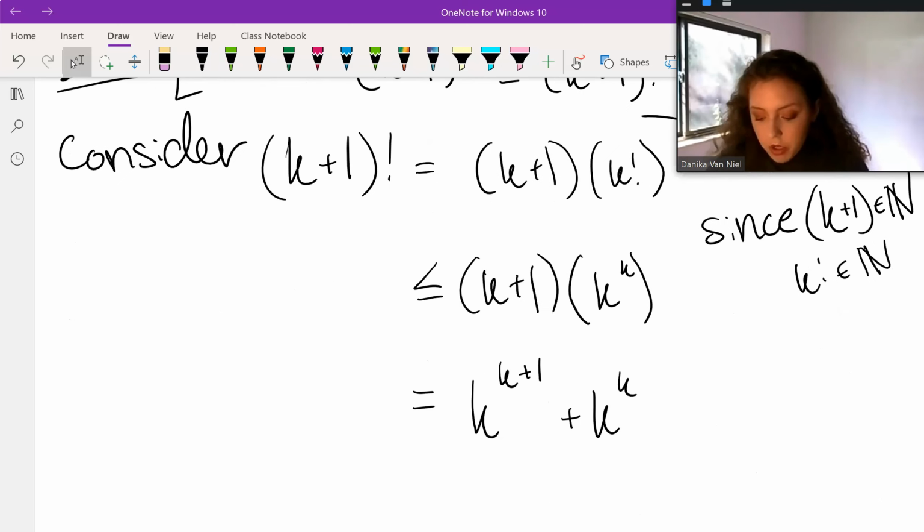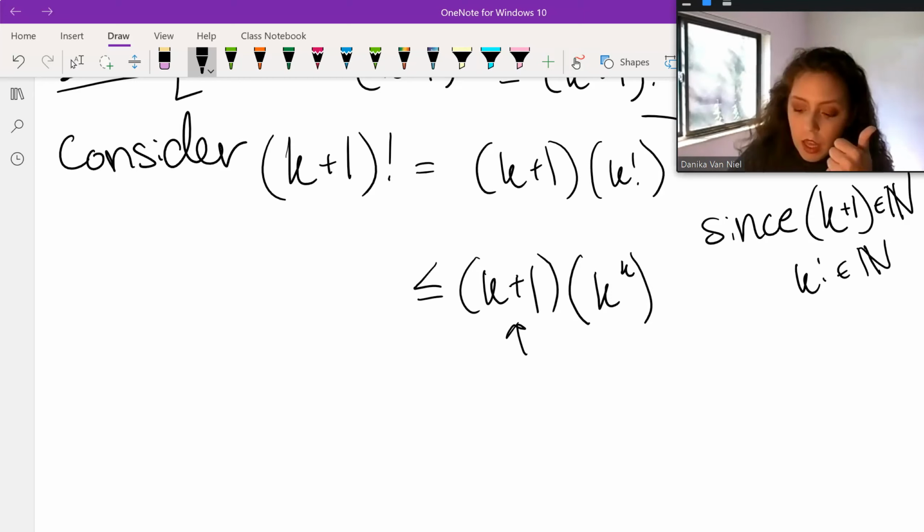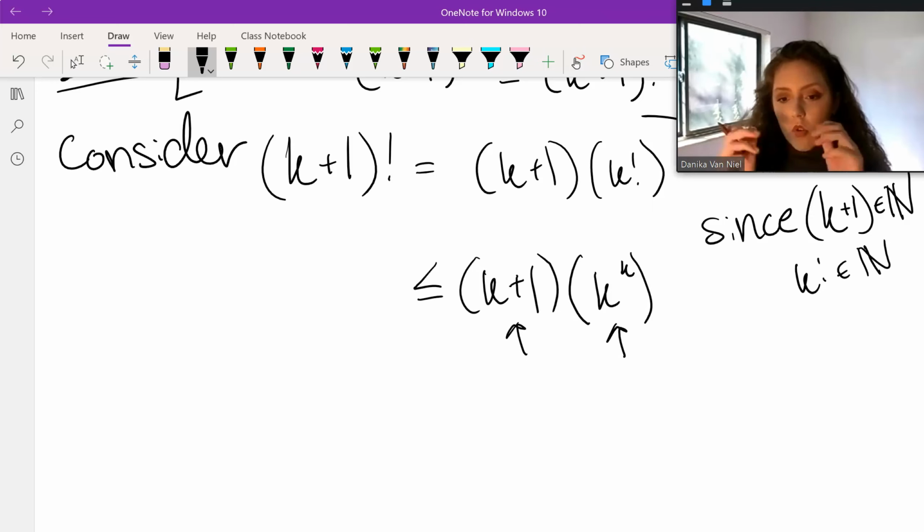So what I'm going to do is erase this line and change my trajectory. I already have this as k plus 1, and I'm happy with that. What would make this perfect is if this was k plus 1 to the kth power, because then when I multiply them together, I get them to the power of k plus 1. We need to really think about that before we do it.